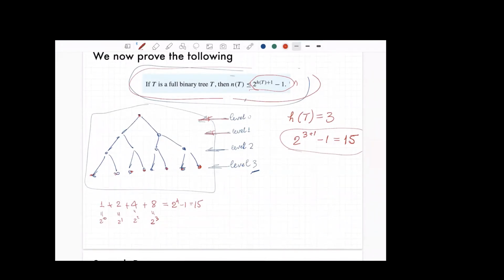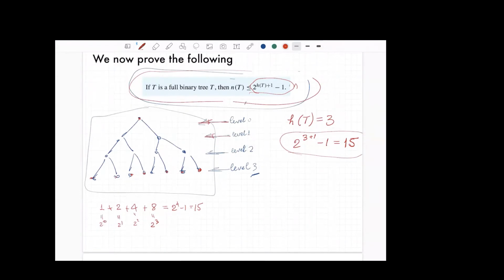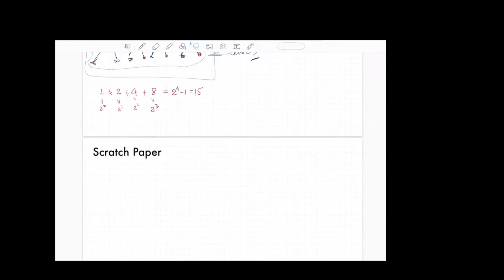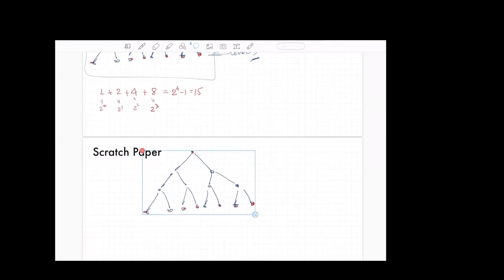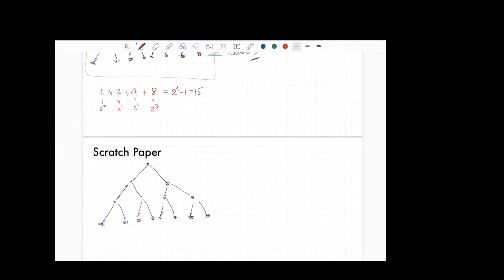Before we go on to the proof, how about if I didn't have a full binary tree? If I had something like this, where maybe I didn't have this, then the number of nodes in this tree is going to be 13 if you count all the nodes. I had 15 and deleted two, that's why I know it's 13.